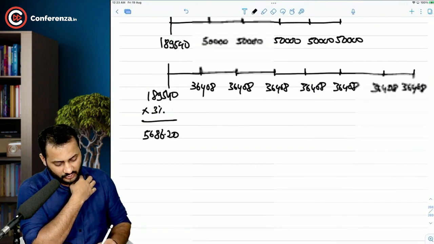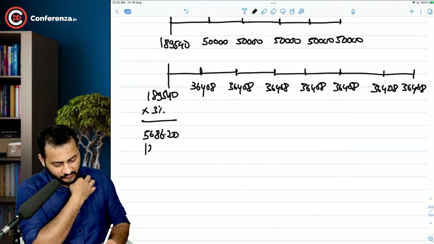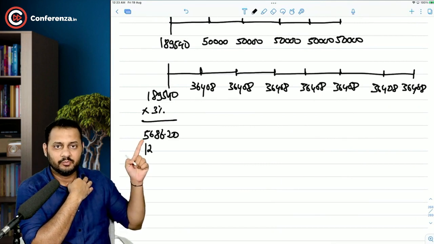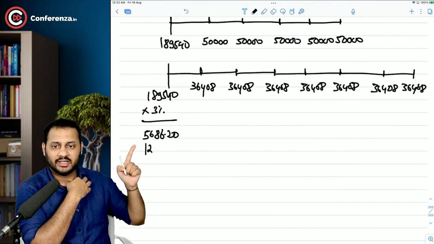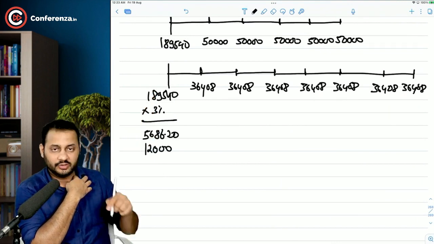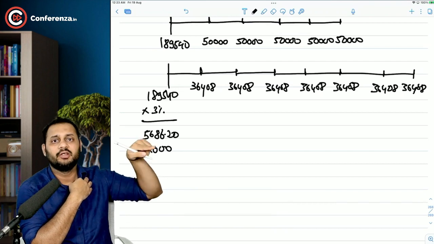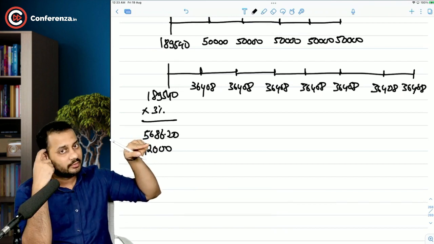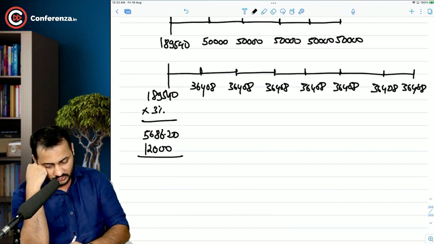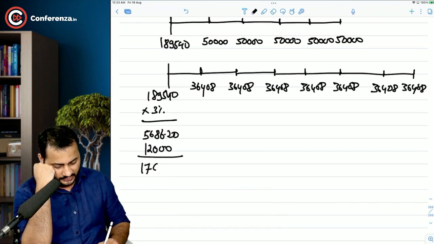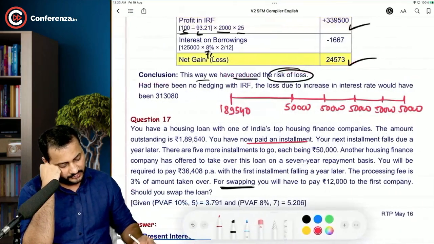So again, this is a loss to you. You will be paying 5686 to the second company who is giving you the loan of 7 years. So this is a loss. Again, 12,000 rupees is to be paid to the first company because you want to shift the loan to the other company. Okay, so this is your total cost. So today the outflow is 17,686.20. Okay, what exactly does the question want?